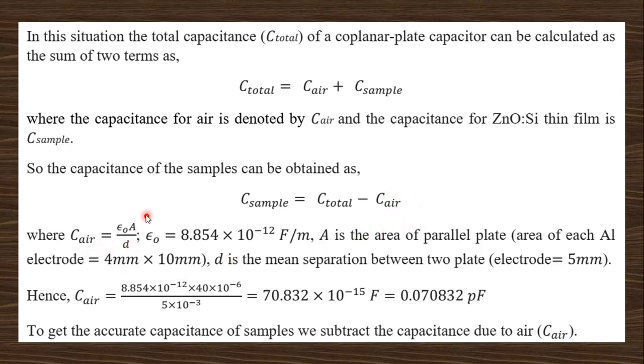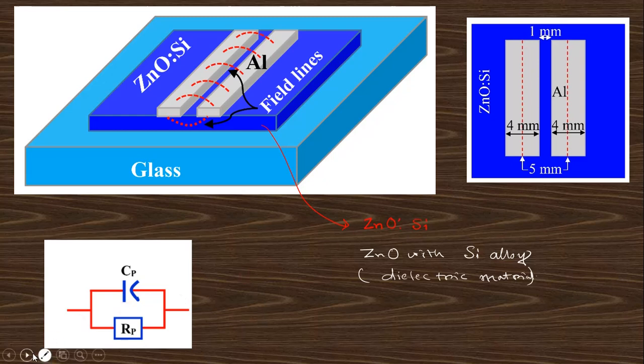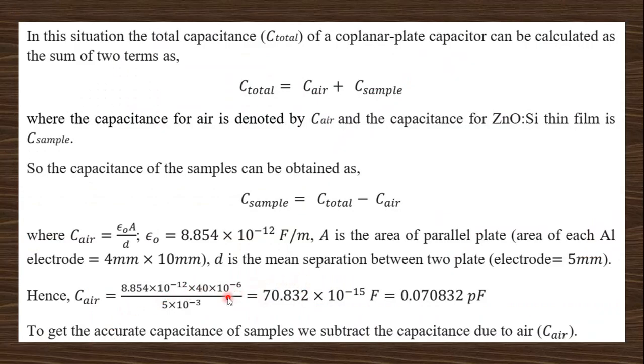The capacitance due to air can be found using this formula, and this can be taken for this dimension. In case of this dimension, you get the air value like that. This is in picofarad. This is very small, but it will be countable when the capacitance of this material is also low.